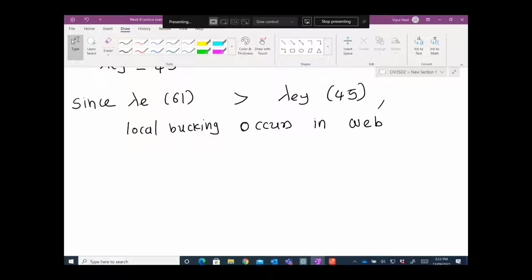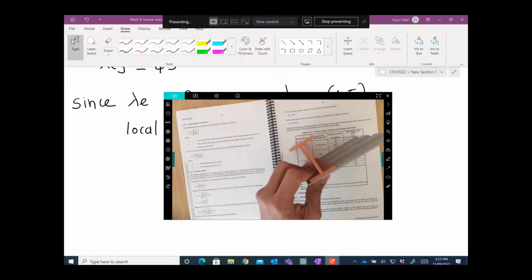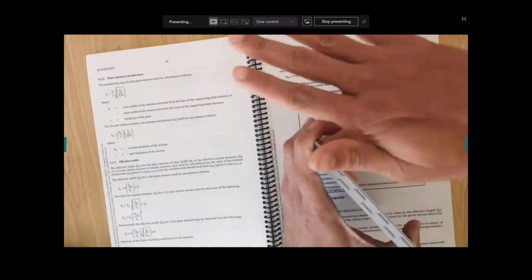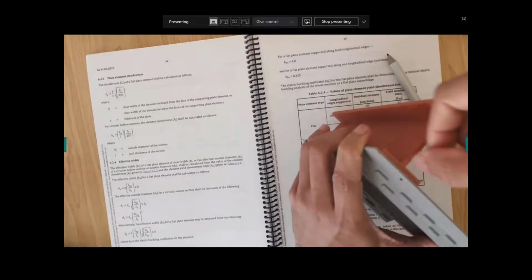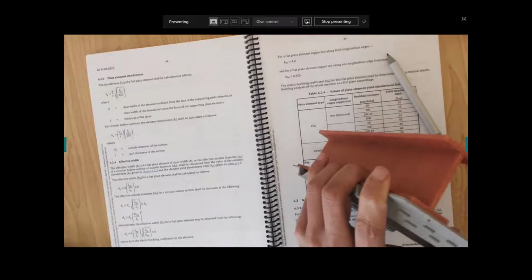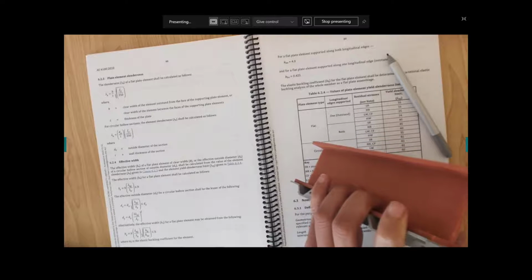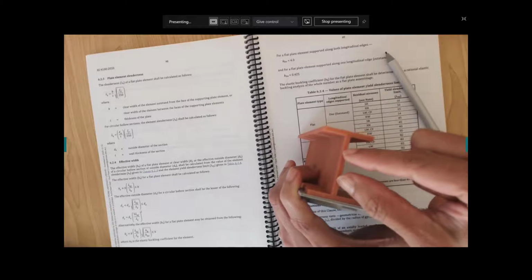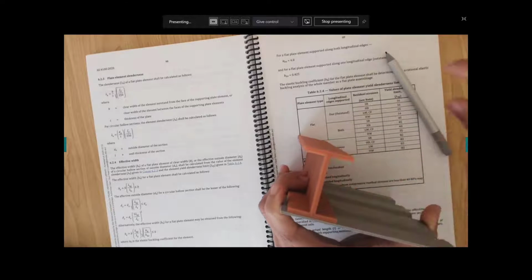It means that if I load this beam under compression, if I compress it, the edges will not move, but the middle portions will just come out.